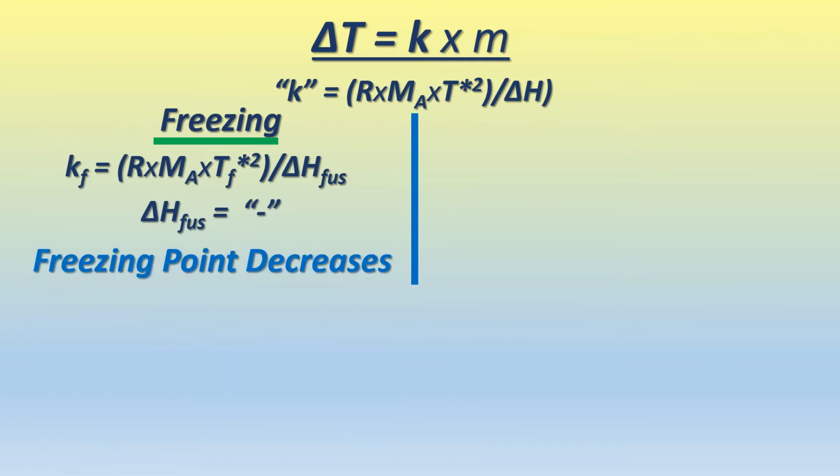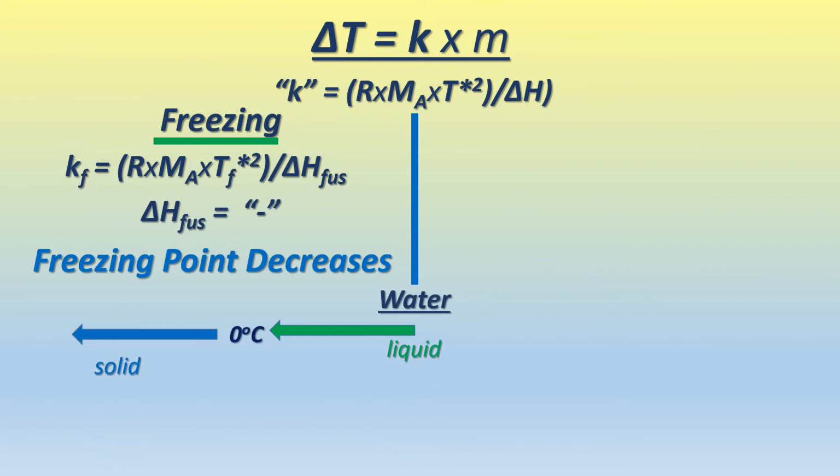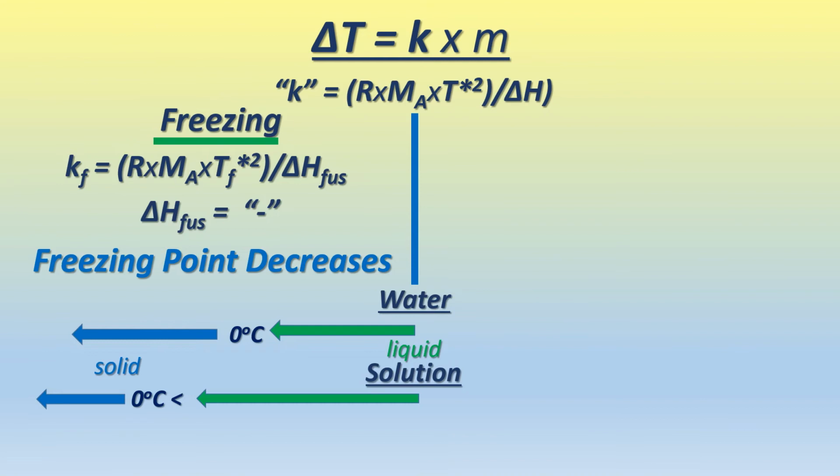Therefore, Kf is negative, and the freezing point depresses. So if my solvent is pure water, normally water remains a liquid to 0 degrees, where it turns into a solid. A water solution will stay liquid to below 0 before it turns solid.